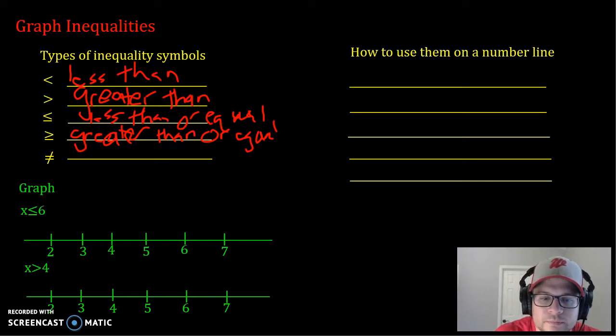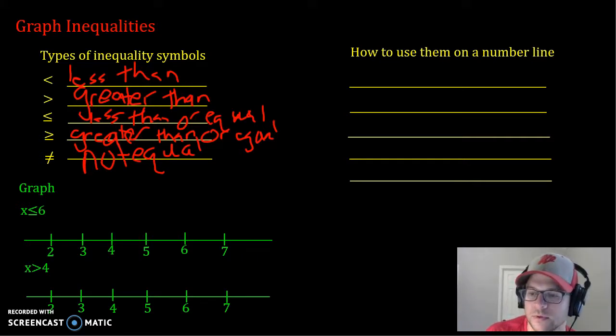And finally, equal sign with a line through it just means not equal. Okay, not equal to. 4 is not equal to 5. That's an example of how you could use that.